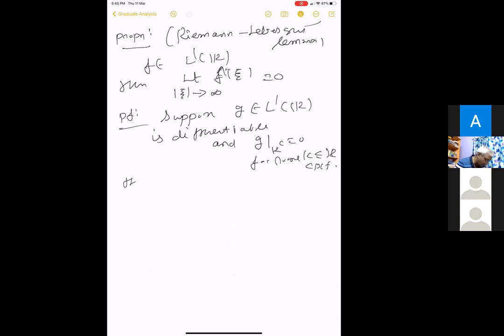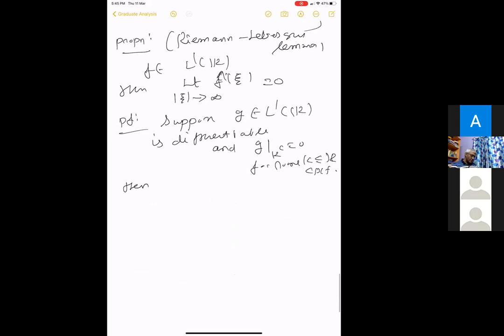Then we want to consider this g hat. Then what happens? It is differentiable. Then g prime hat at ξ is equal to, we have already proved, the transform of xg(x) hat at ξ.